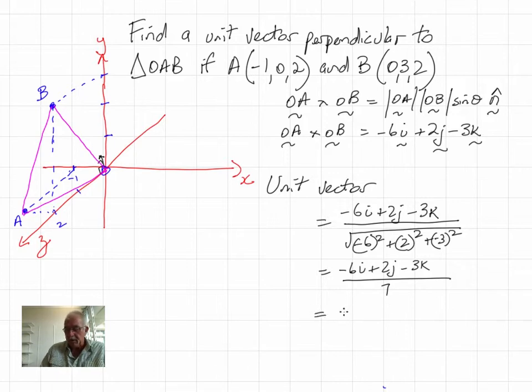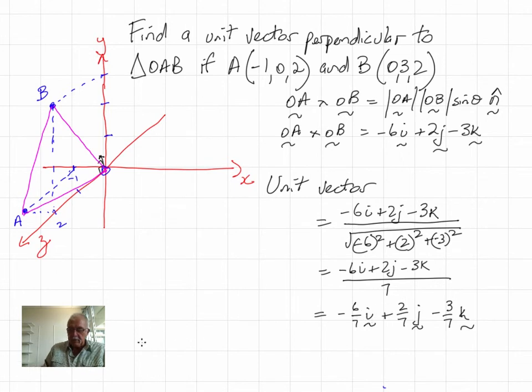Probably a better way to write it, in component form, would be -6/7 i plus 2/7 j minus 3/7 k. Now that is a unit vector, and it will be perpendicular to the triangle OAB, which fulfills the requirements of what we're asked to do.